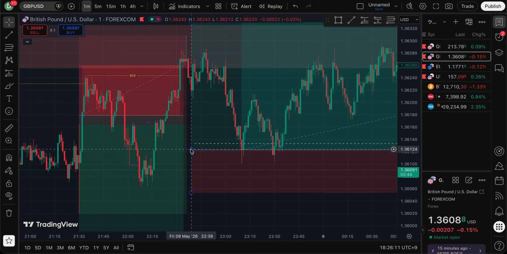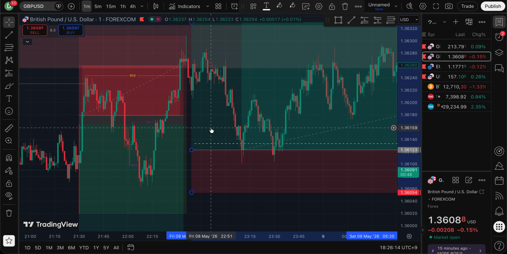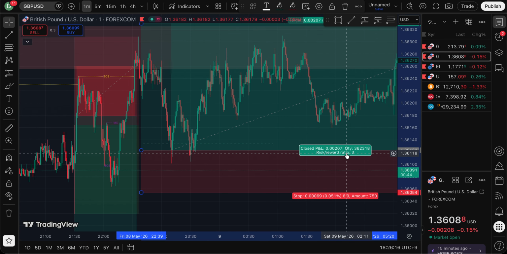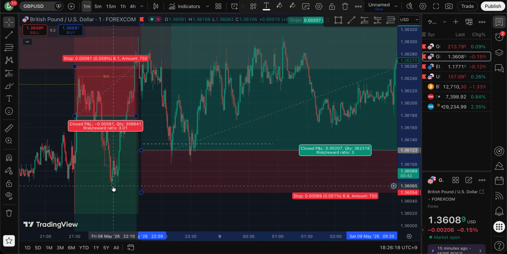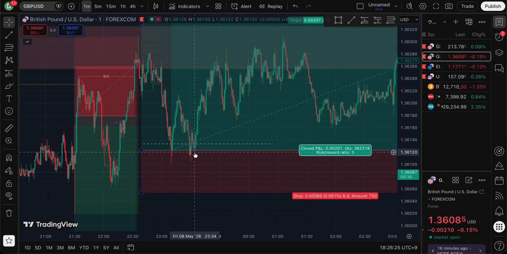So that's why I placed it right here, and also to make a 3-hour trade as well. Stop loss was below these lows right here, which was just 1 pip. It's a bit dangerous, but it was just 1 pip.